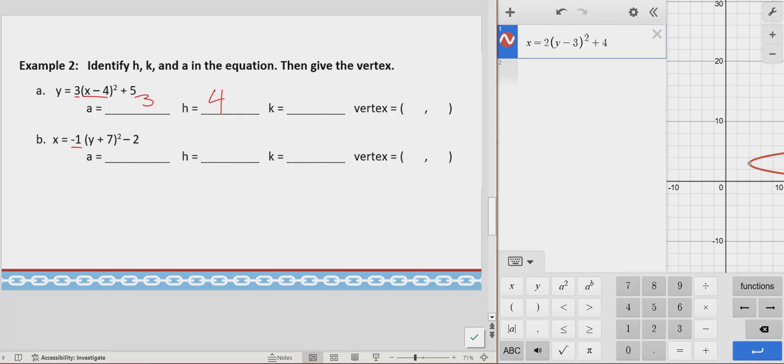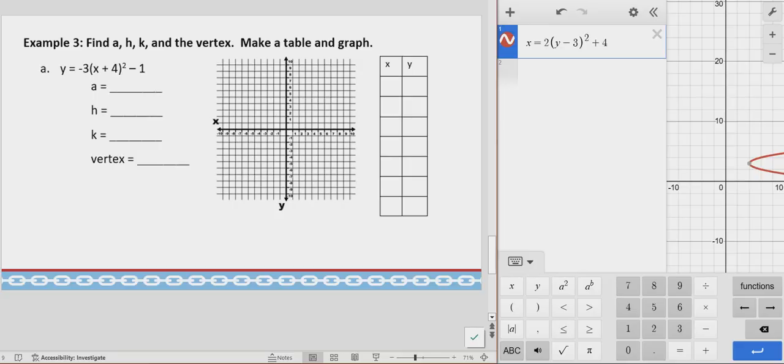So to get a subtracting of 4 in there, we have an h value of positive 4 and a k value of 5. Always h comma k for your vertex. For part B, it's an x equals equation, which means my k value is attached to the y inside the parentheses, and is opposite. Okay, so this one has a vertex at -2, -7.